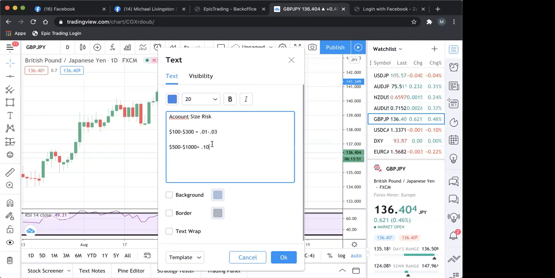Plus, you're risking less. So if it's $20 for a 20 pip trade, you won't just blow your account even if you took a loss on something. So if you have a stop loss of 20 pips and your first take profit's 20 pips, then you're risking 20 for 20.